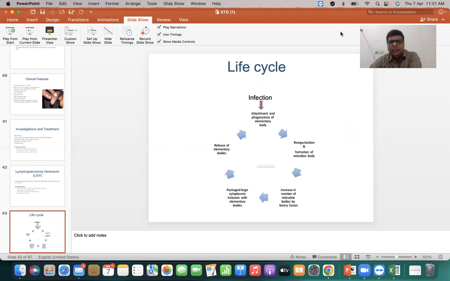These reticulate bodies increase in number by binary fission. Then these reticulate bodies are packaged in large cytoplasmic inclusions with elementary bodies. Then there is again release of elementary bodies, which causes infection.